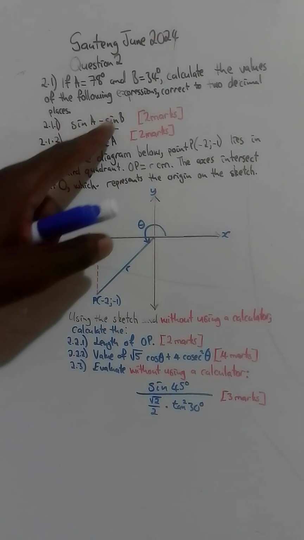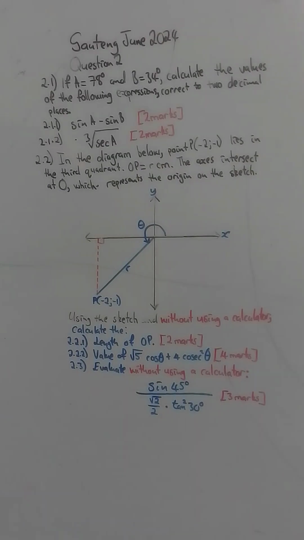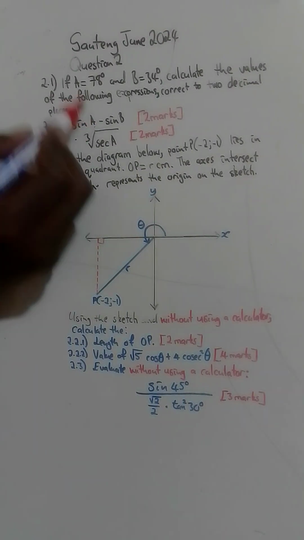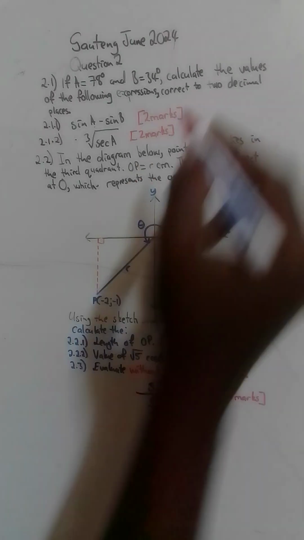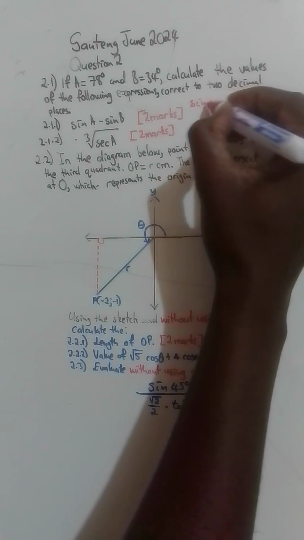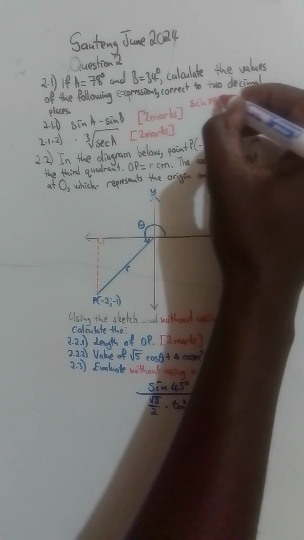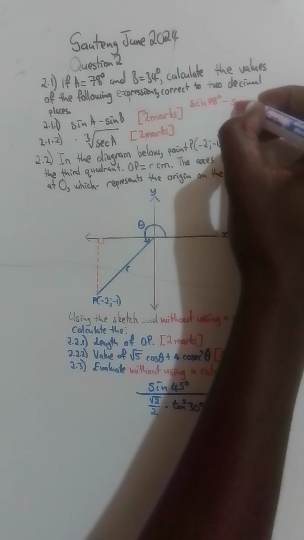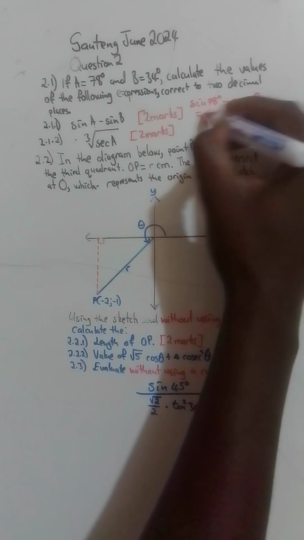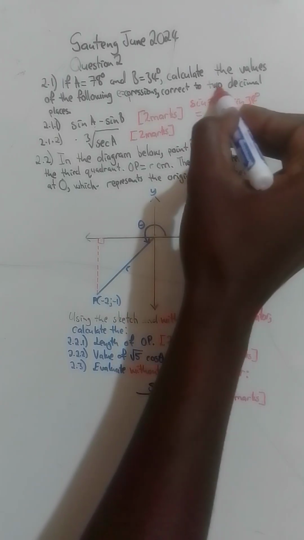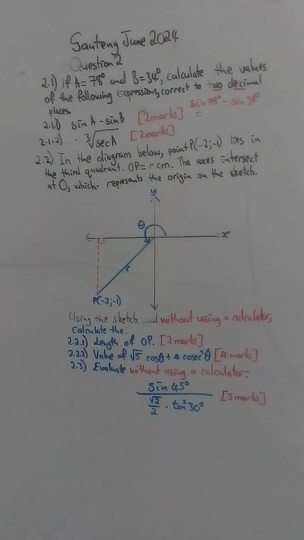We are given sin A minus sin B, and our angle A is 78 degrees. So here we have sin 78 degrees minus sin 34 degrees, and we should round the answer off to 2 decimal places.